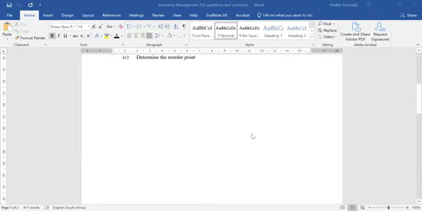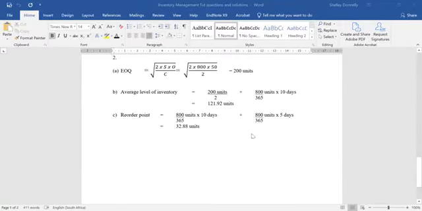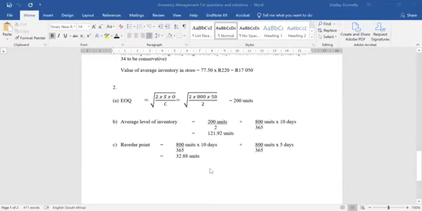their safety stock. Okay, so the reorder point in units will be, this is the same calculation as before. That's the 22 units that they will always have in their safety stock.